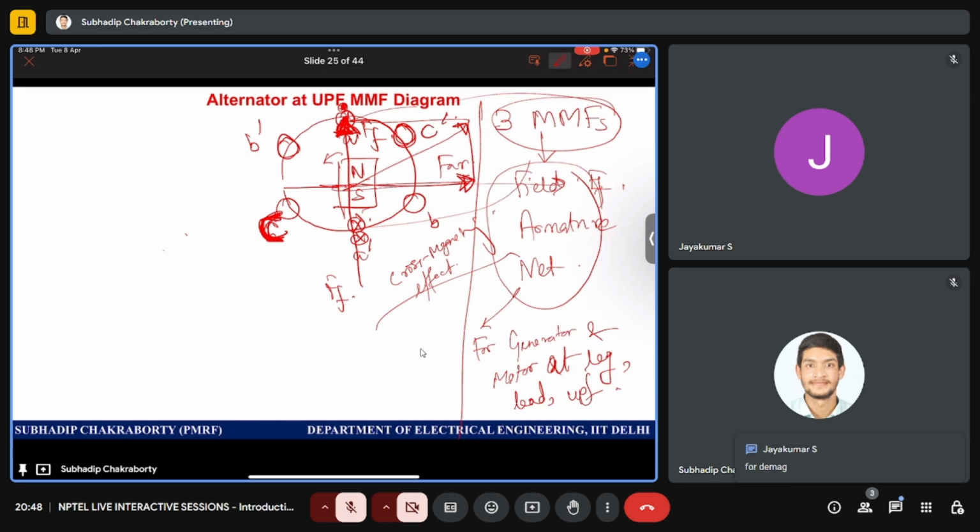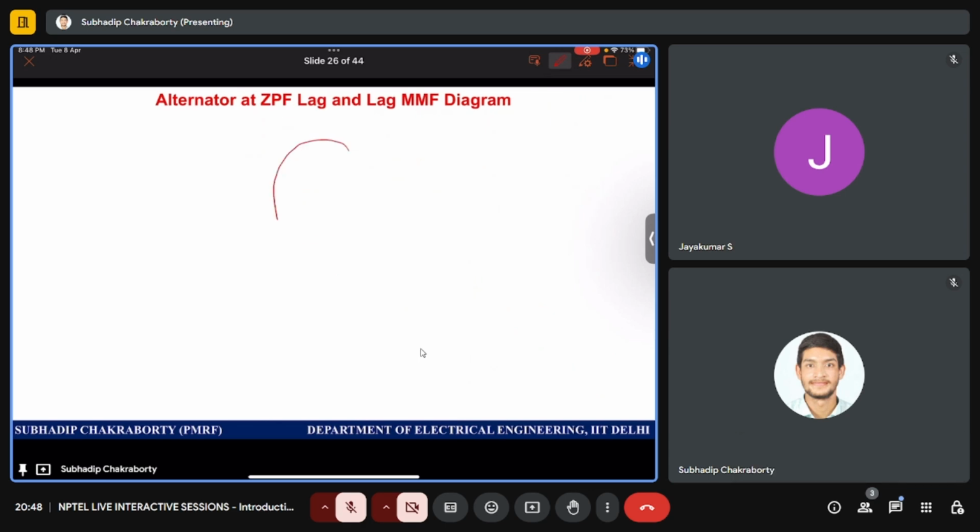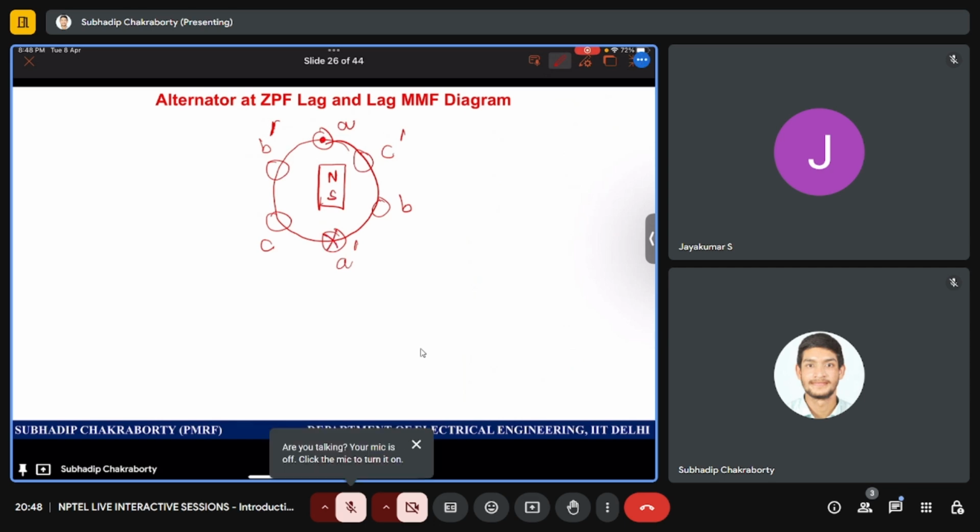And now, if you want to see what it is for lag, easy. Similarly, voltage is induced here. But where is the current?